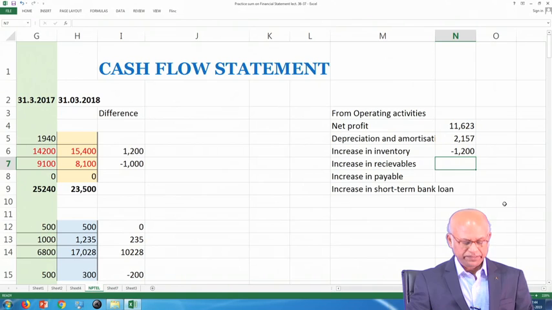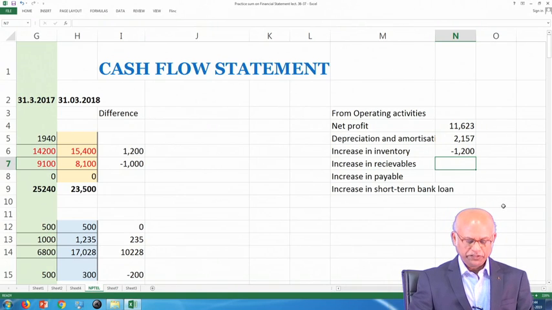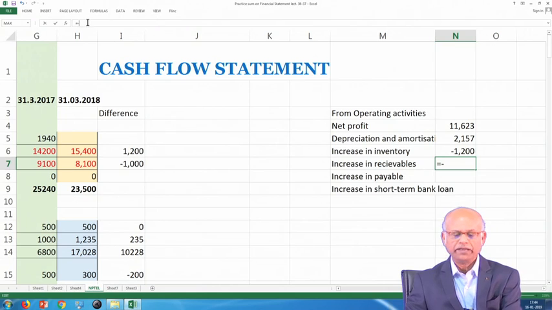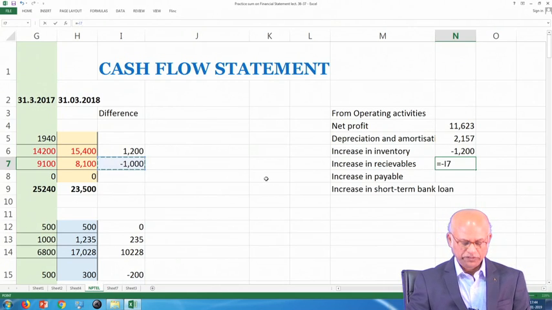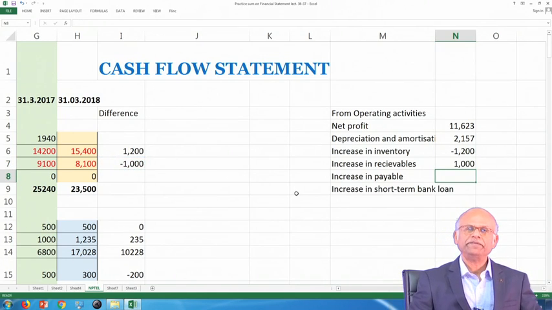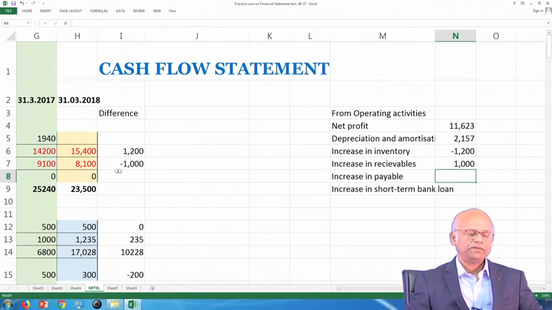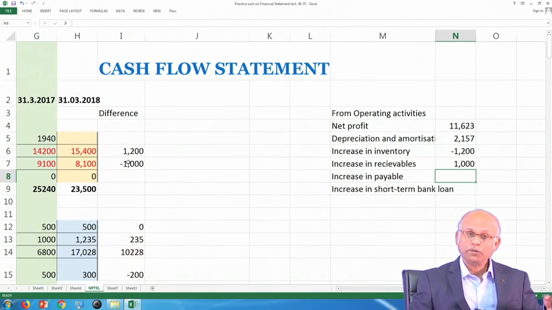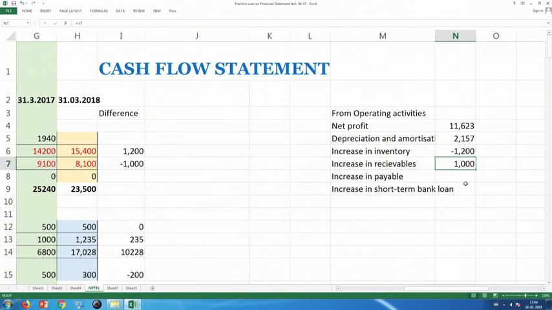Similarly, increase in receivable is the same thing. We write is equal to and put a negative sign here and then pick up the data. It will automatically nullify if there is a negative. Receivable actually went down, that means there is a cash inflow, so it is positively reflected.